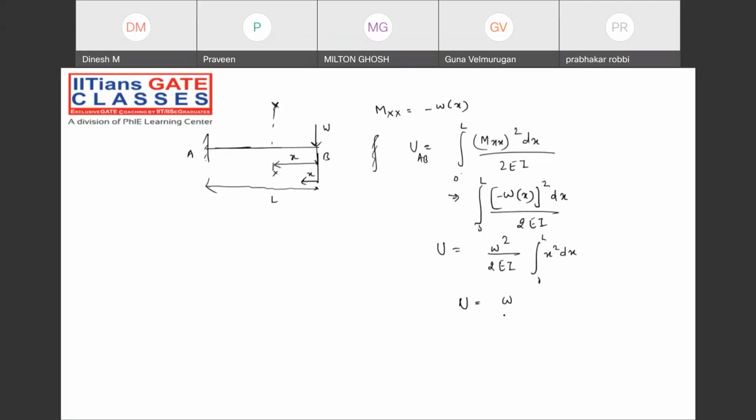W squared divided by 2EI, L cubed by 3. Now differentiate with respect to W, because the W load is acting at this point B.